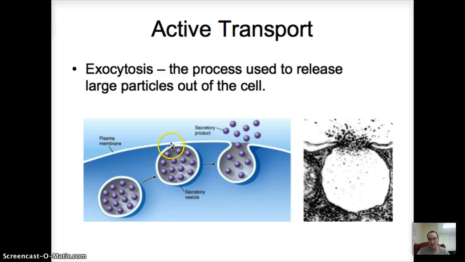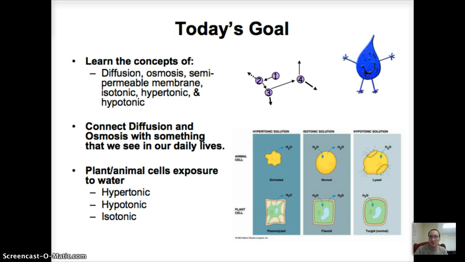It's going to kind of fuse together here, and then it's going to release all of those different parts. It could be a waste, it could just be something it wants to release into the body as well. So that's exocytosis, and that also requires a little bit of energy as well. Now, that kind of wraps up the difference between active and passive transport.